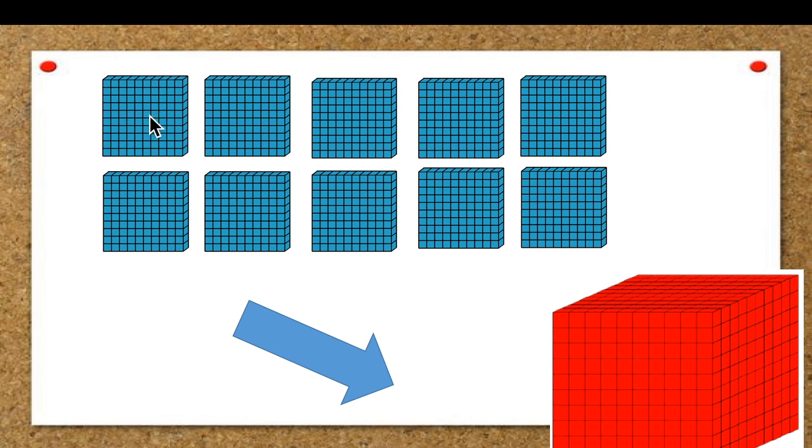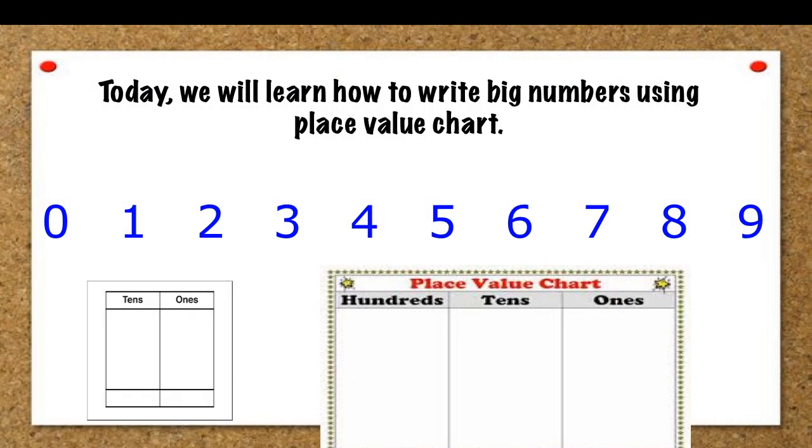Let's count. 100, 200, 300, 400, 500, 600, 700, 800, 900, and what comes after 900? 1,000. How many blocks of 100 make 1,000? 10. Very good.